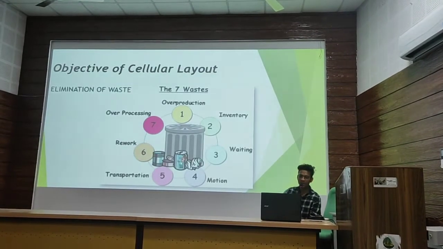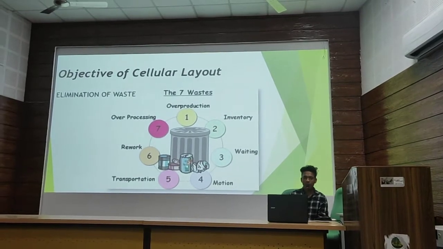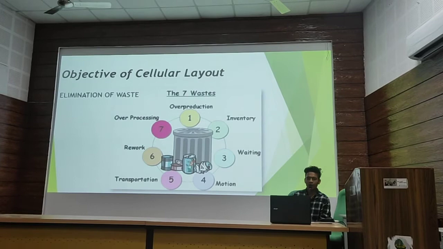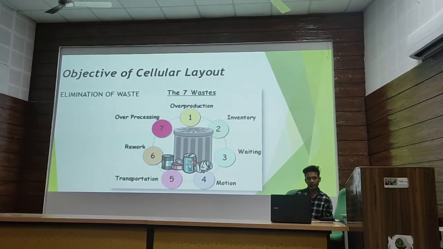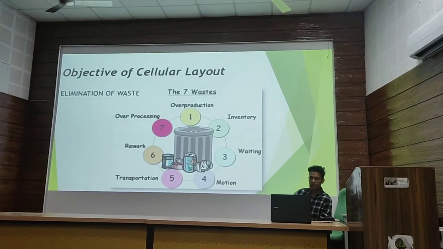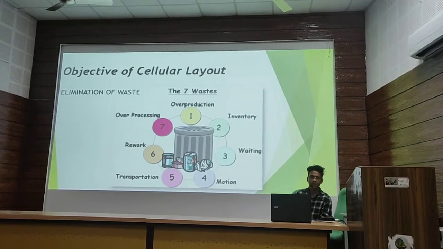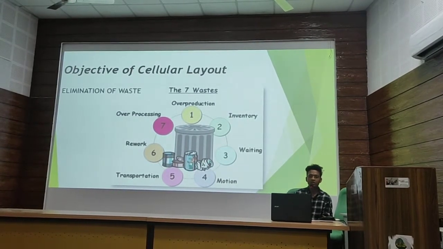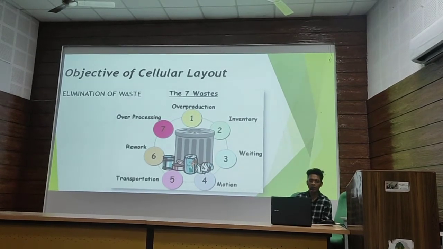My second slide is the objective of cellular layout. The main objective of cellular layout is elimination of waste. There are 7 main types of waste: overproduction, inventory, motion, waiting, transportation, rework, and overprocessing.